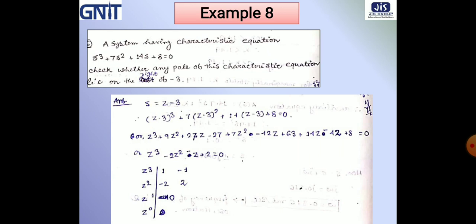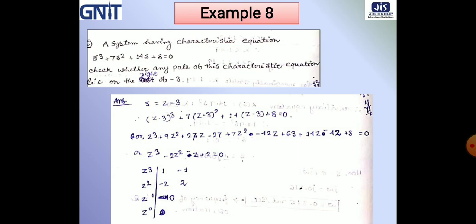Example number 8, a system having characteristic equation s cube plus 7s square plus 14s plus 8 is equal to 0. Check whether any pole of the characteristic equation lies on the right of minus 3.